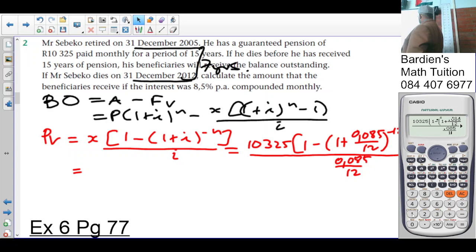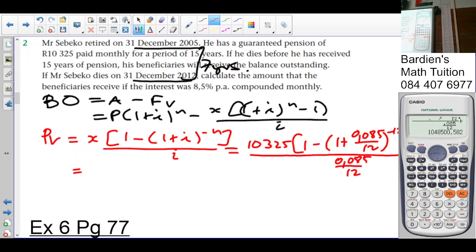So the fund is worth 1,048,500 Rand and 58 cents. So that's the present value of the fund.